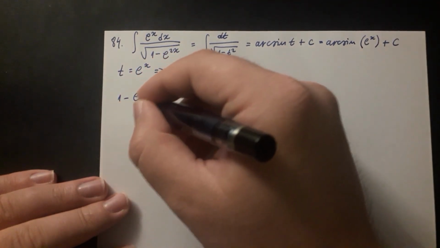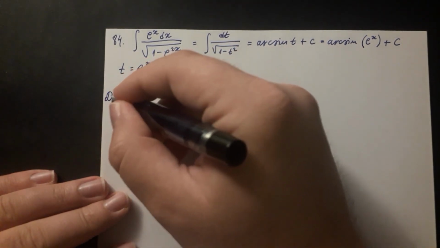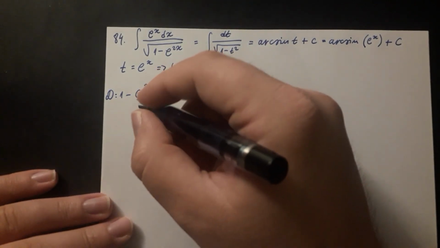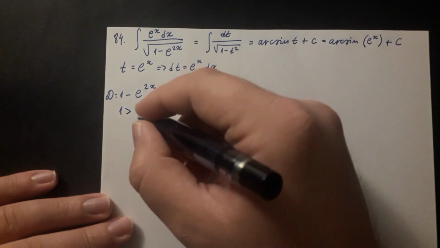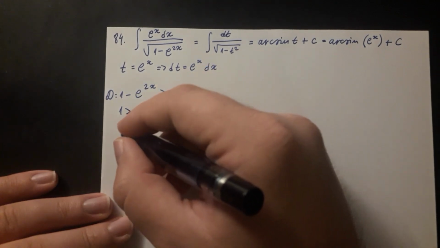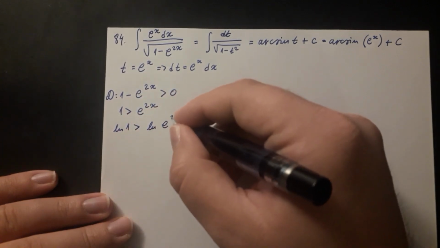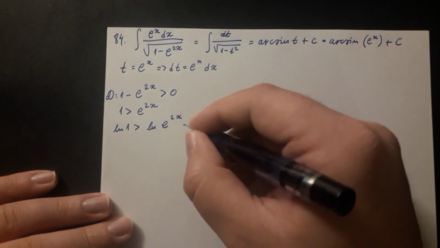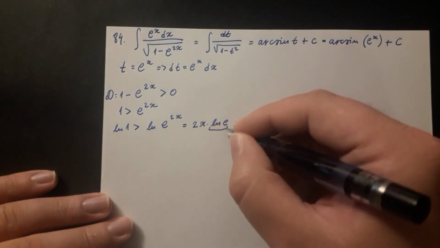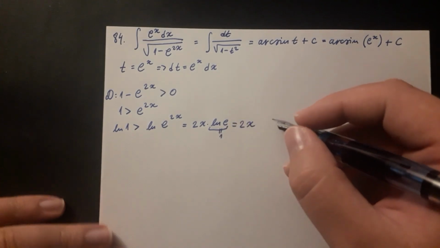1 minus e to the power 2x has to be larger than 0, and then our integral is well defined. That means that 1 has to be larger than e to the power 2x, and that means that ln of 1 has to be larger than ln of e to the power 2x, which is only 2x times ln of e, which is equal to 1, thus making it 2x.